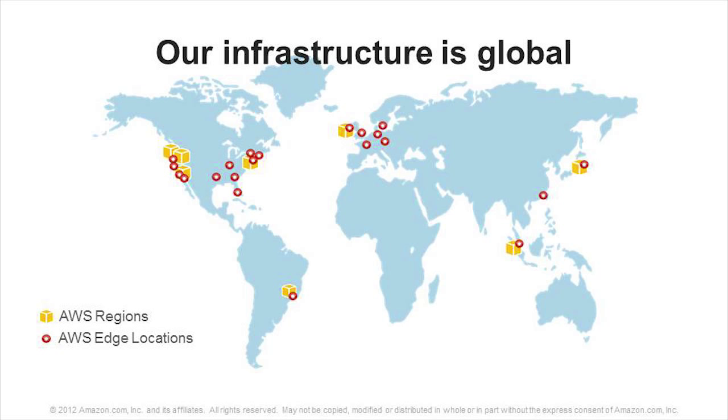If for other reasons you say, I need to be close to my customers and my customers are in the Far East, or if they're in Europe or they're in South America, you can choose among those regions. And it's really important just to know that once you make the choice of that region, that is where all of your processing, all of your storage will take place. It's only with your explicit command and consent that we would ever move information from one region to another.